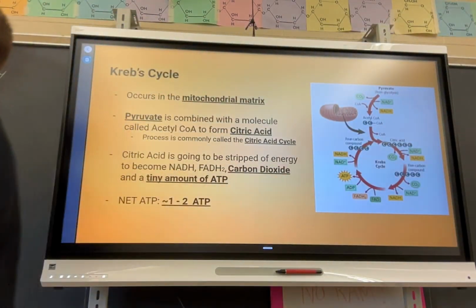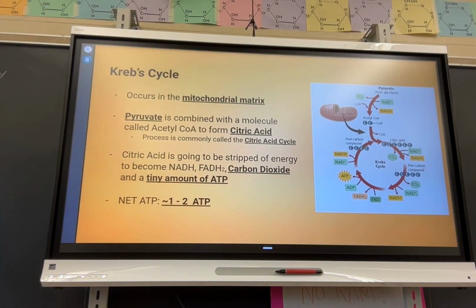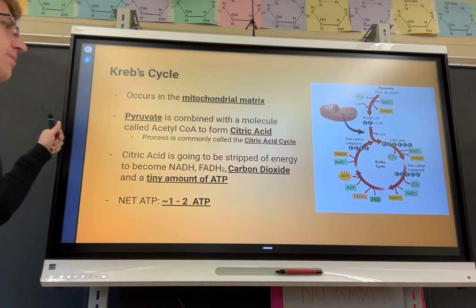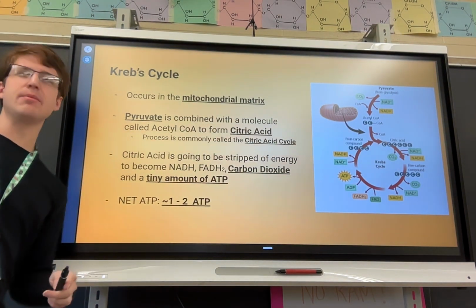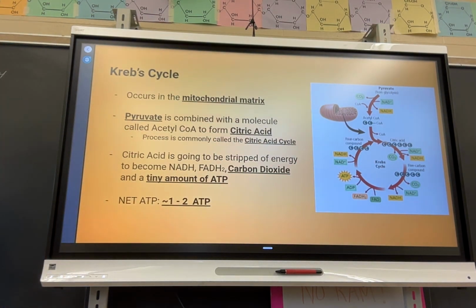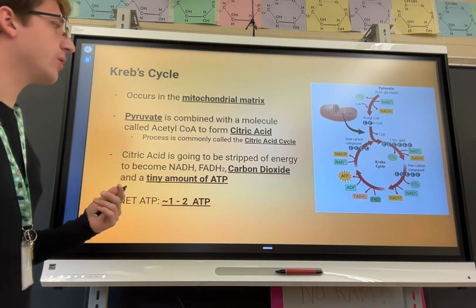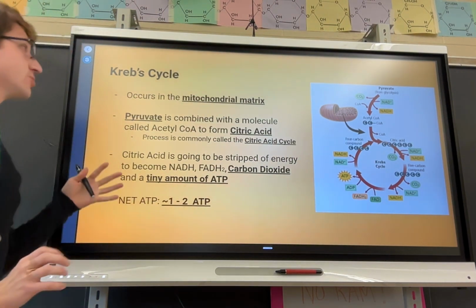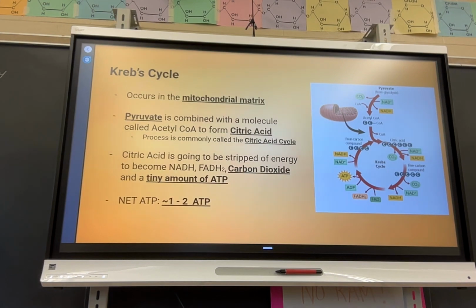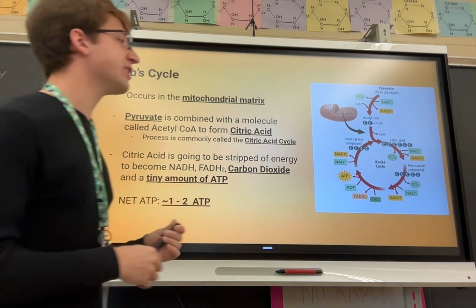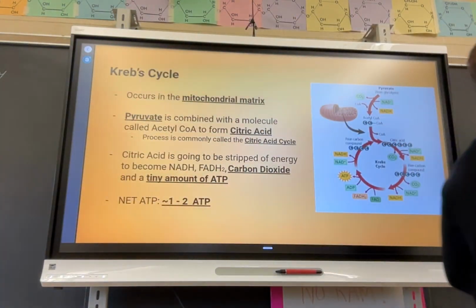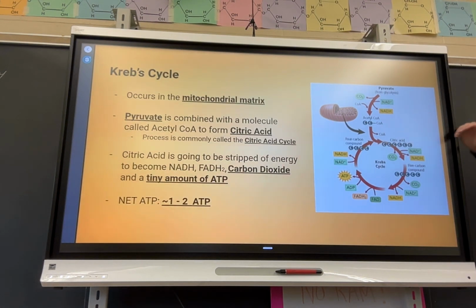We said that this is going to be the main process that actually makes all of our ATP, but we're only getting a tiny bit of it. From the glycolysis, we only got a couple. From the citric acid cycle, we're only getting a couple. However, we are going to completely break up and use up the carbon from this.